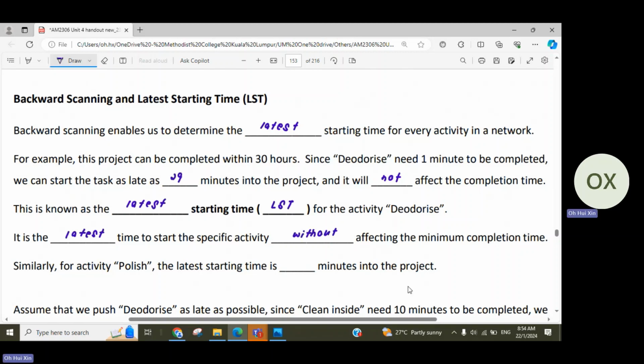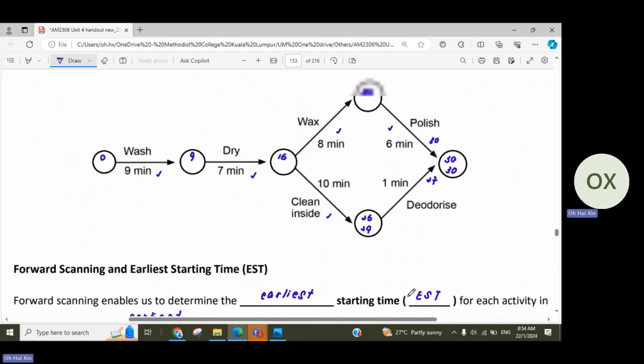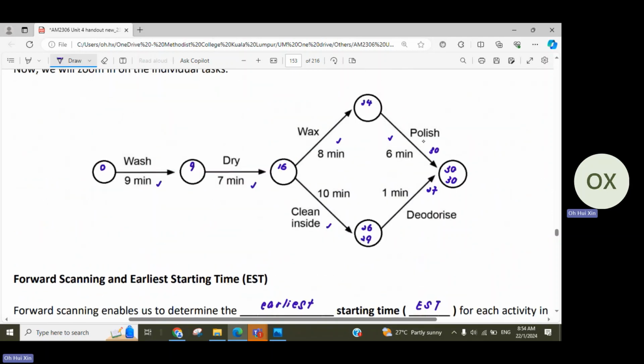If you are able to understand this, let's look at polish. If you need to complete this project in 30 minutes, and you need 6 minutes for polishing, then the latest time that you should start polish is still 24, which is the same as your EST. Why? Because if you start a bit later than 24, you wouldn't be able to complete this project within 30 minutes.